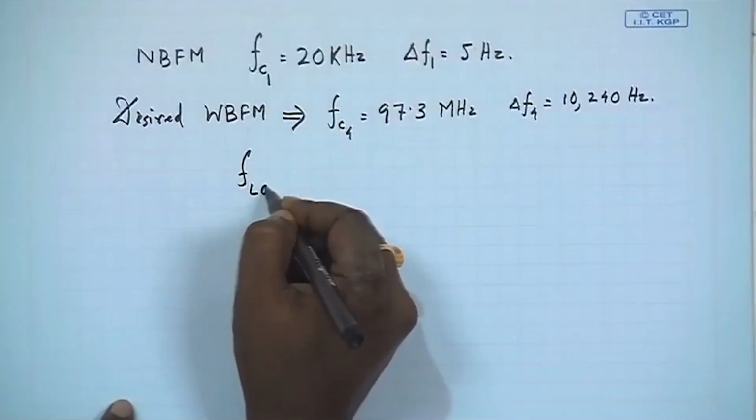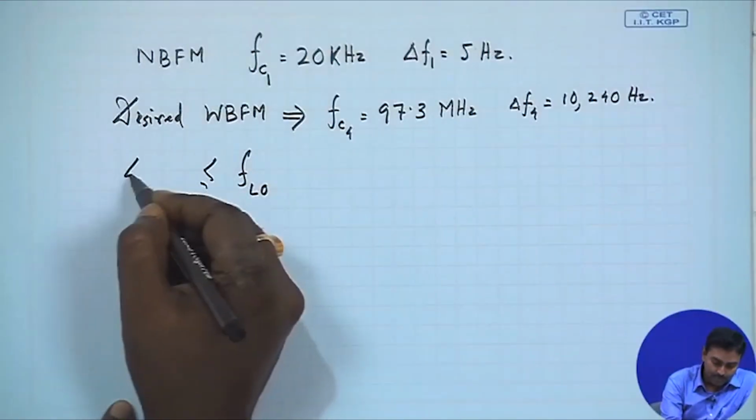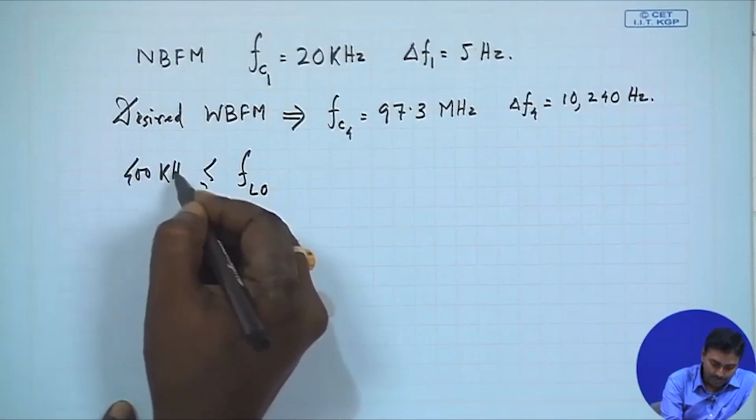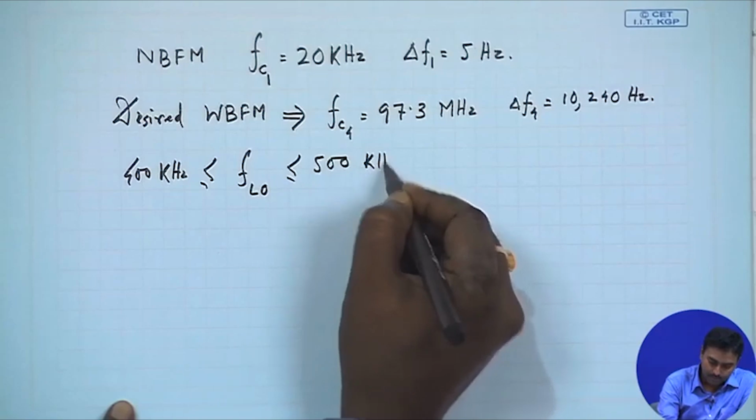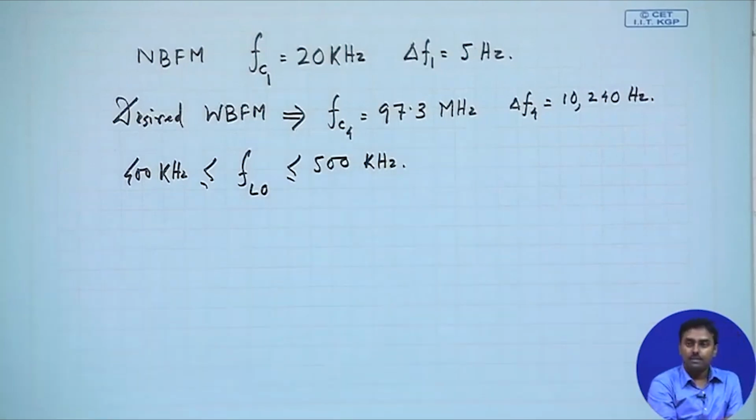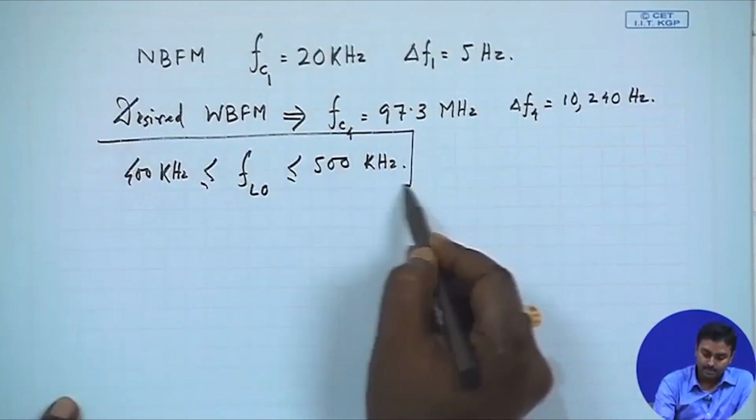Okay. So, that is one restriction that is coming from the circuit side, and there is another restriction that your local oscillator FLO must be within this 400 kilohertz, 500 kilohertz range. Okay. That is another restriction.